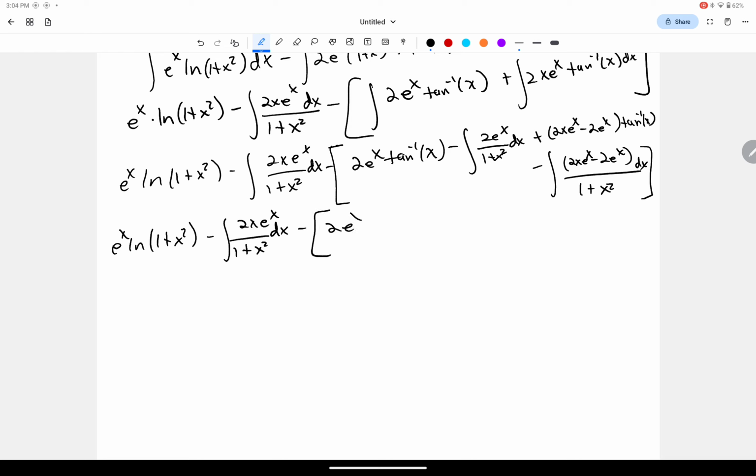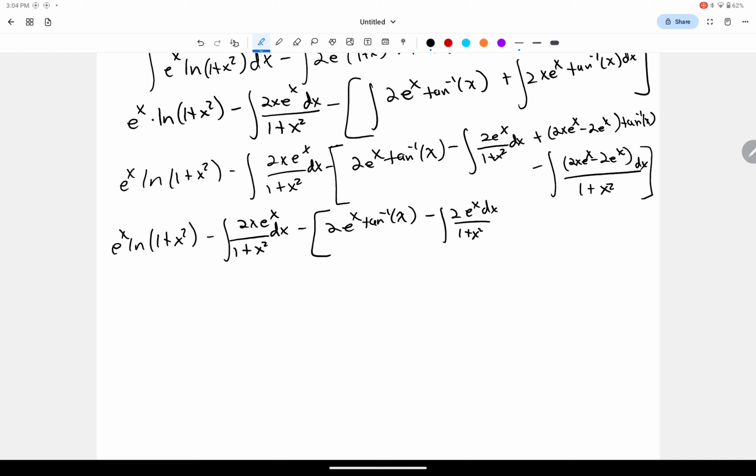This becomes 2x e to the x tan inverse x minus, I'll leave the integral as it is. Again, the integral isn't ideal to compute directly. So we'll see if stuff cancels out as we simplify along the way.